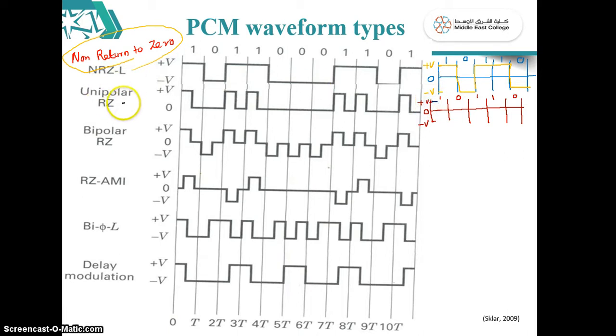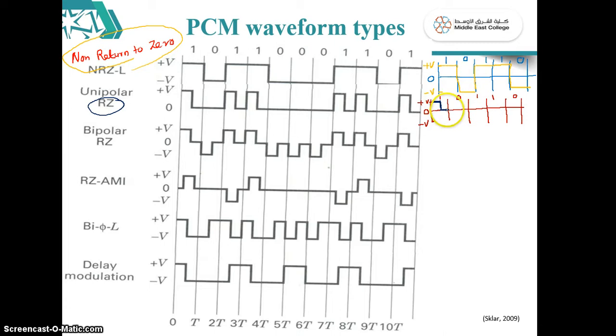Now, return to 0 means before the end of the interval, the signal should come back to 0. It could be at any point, but before the end of the interval the signal should come back to 0.